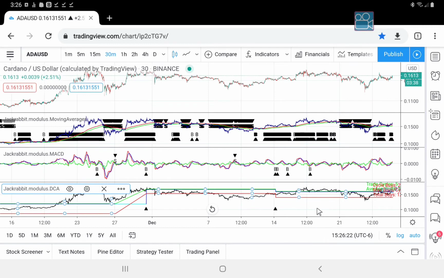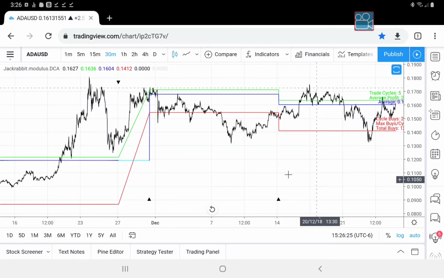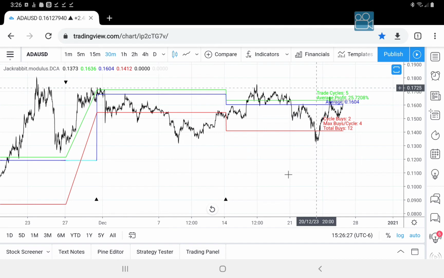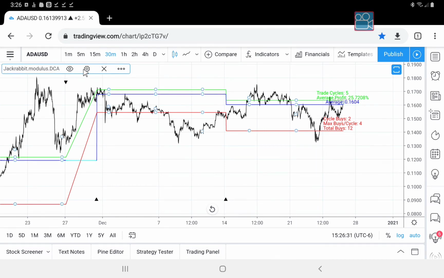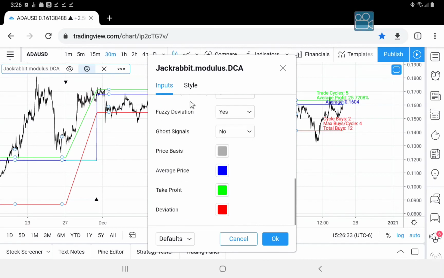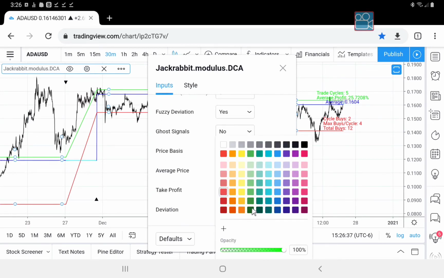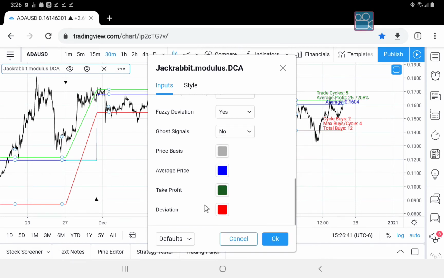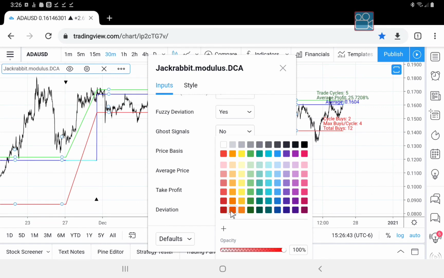Now, let's open this up so we can see it better. Clean up some of the colors so that they're a little easier to see, and not so glary on the eyes.